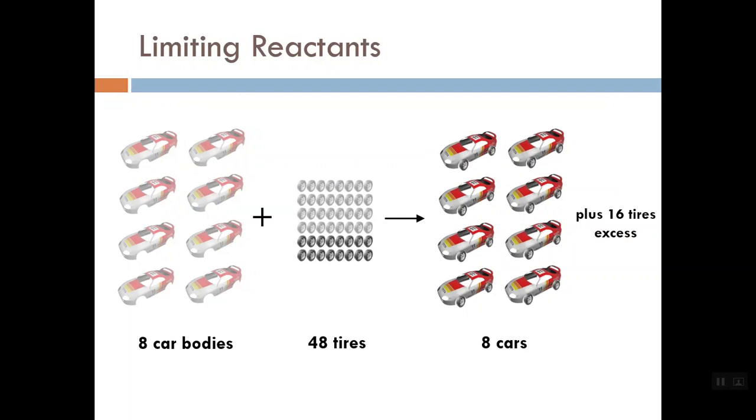So what is in excess? The tires are in excess. So we say that the tires are the excess reactant in this case, and our 8 car bodies is our limiting reactant, right? We could only make 8 cars. We were limited to how many car bodies we were given. And so once that ran out, we couldn't make any more.